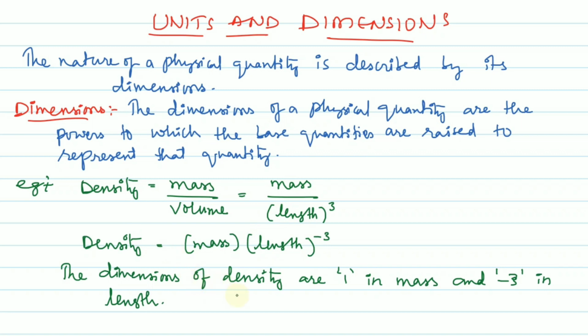And now we can say dimensions of density: here mass power is 1 and length has a power of minus 3, right? And here we can say the dimensions of all other fundamental quantities are 0 because here density is expressed in terms of mass and volume, right?